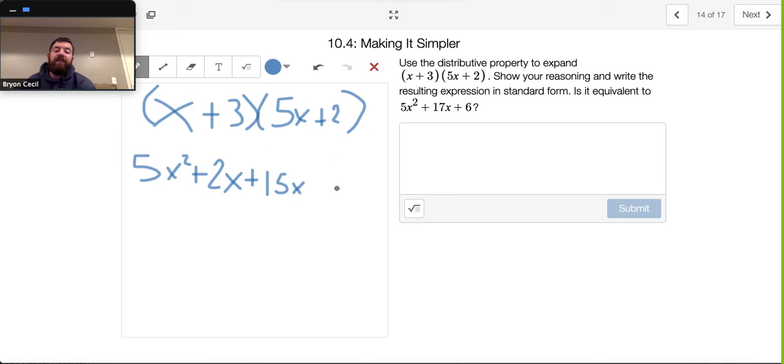Okay, and then 3 times 2 is 6. Then combining your like terms, 5x squared plus 17x.